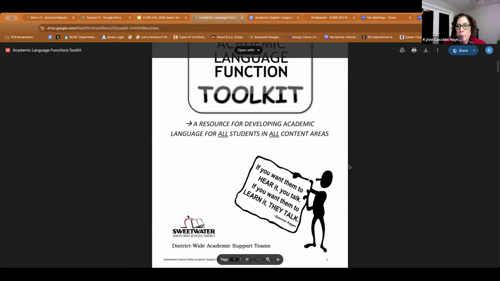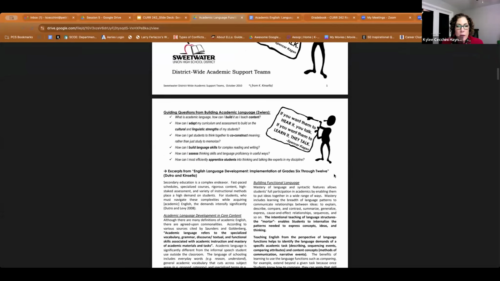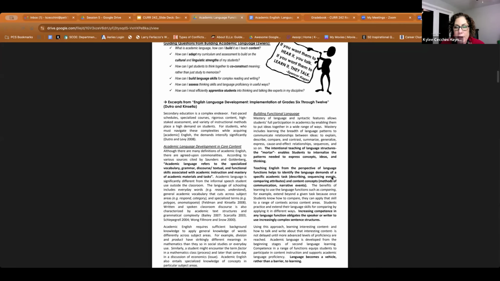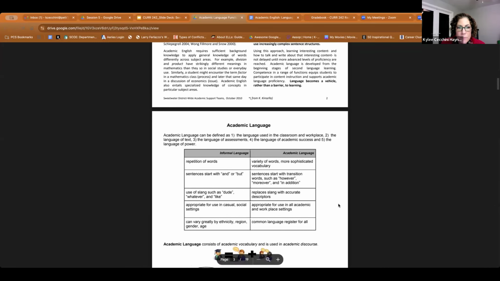I think it would be great to just go through and read it, to get an understanding about academic language. Jeff Zwiers and Kate Kinsella are quoted in here, so these are some heavy hitters in the world of literacy and academic language. It will also give you some examples.